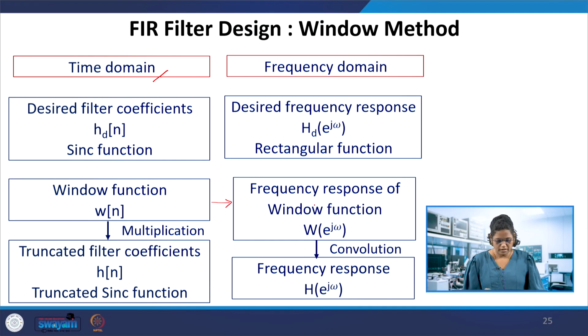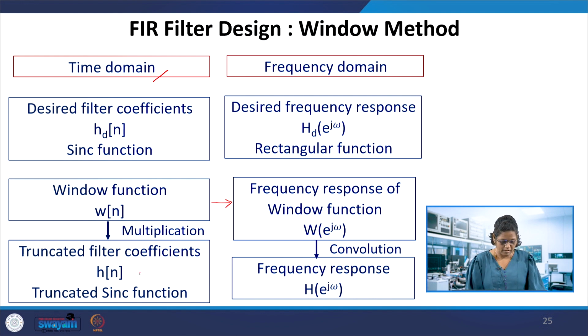If we truncate these sinc function coefficients of the desired filter using a window function, maybe a rectangular window or any of the useful windows, Hanning, Hamming, Blackman, or a triangular window, then you will get the truncated coefficients. These truncated coefficients will be a truncated sinc function, so you have finite-duration coefficients. Those are nothing but the coefficients desired for the filter: h of n, h of 0, 1, 2, 3, 4, 5.